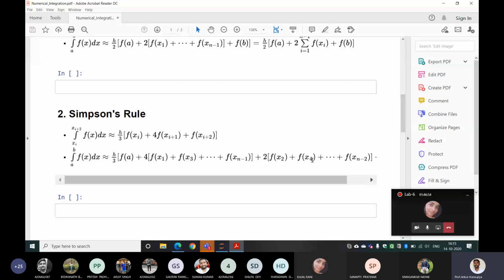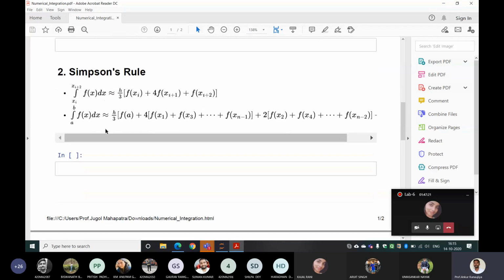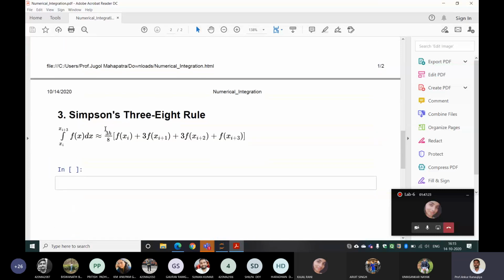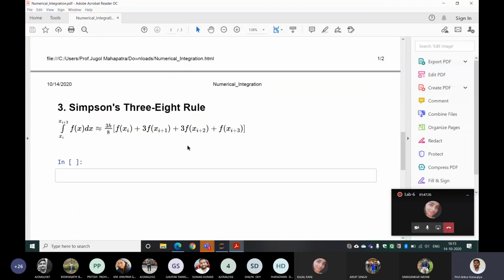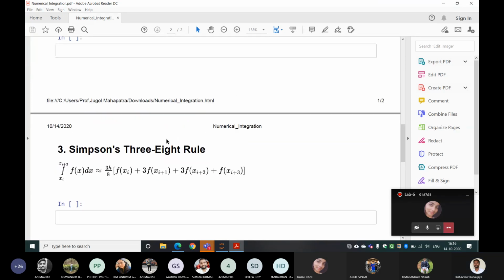The summation runs from 1 to n minus 1 with increment 2, like range, if you define it, you will write 1 comma n minus 1 comma 2, because 1, 3, 5. And here 2, 4, increment is 2. So these are the 2 summations, multiplied by 4 and 2, times h by 3, and you will get Simpson 1/3. So you have to do Simpson 1/3. Here first you have to combine. I didn't write it here. You have to write it yourself and create it.